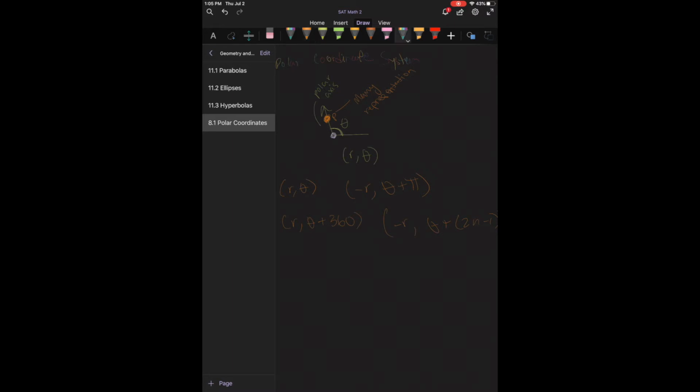And now let's talk about the relationship between the polar and rectangular coordinates. Okay, there are some variations.